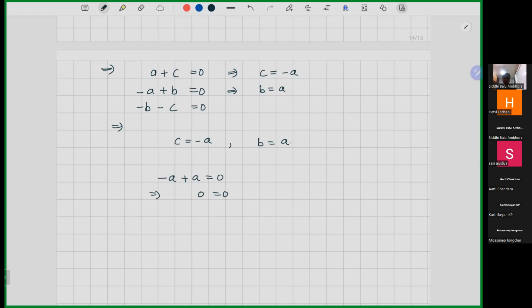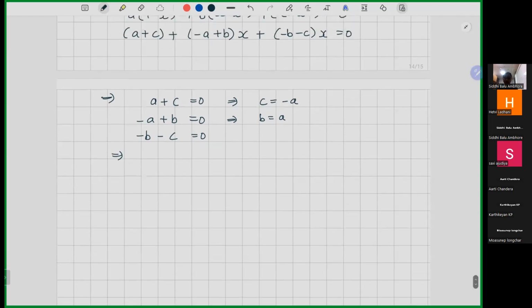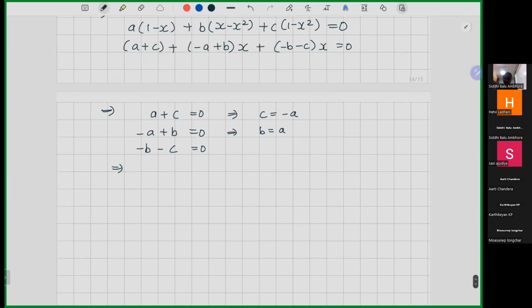Then what is your suggestion? What is your guess? Is this linearly dependent or independent? What is happening to the a, b and c here? c is equal to minus a, b is equal to a, and from the third statement, b is equal to minus c.